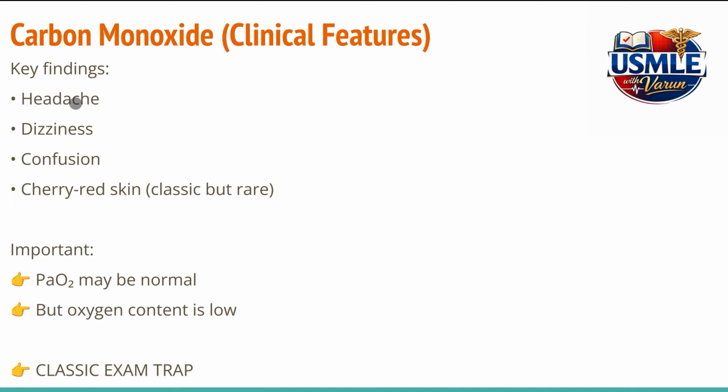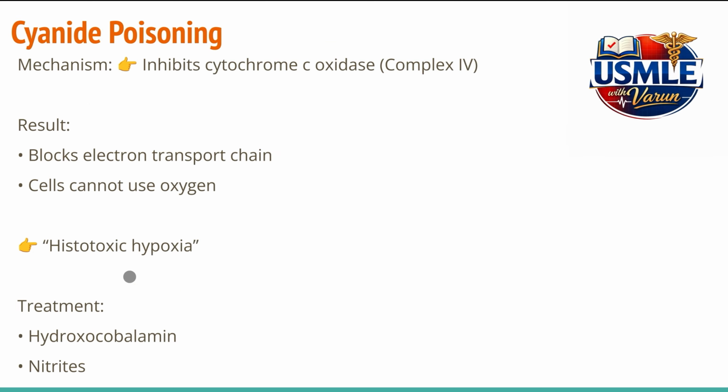This is characterized by findings like headache, dizziness, confusion, and cherry red skin. The important point in carbon monoxide poisoning is that PaO2 may be normal, but the oxygen content is low. Whereas cyanide poisoning works differently. It blocks the electron transport chain.